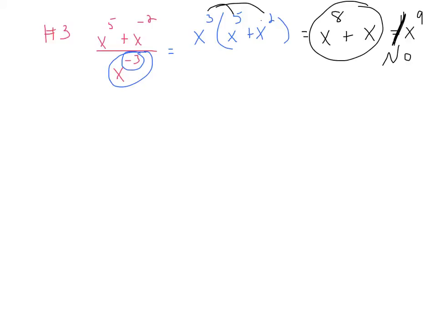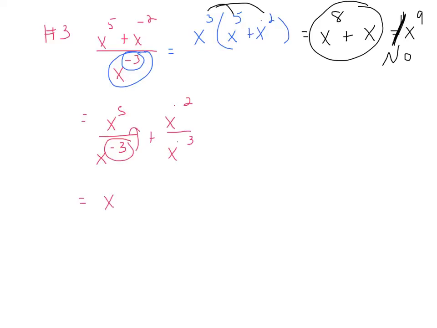Another way that kids like to do this one is to split it apart. In other words, they rewrite it as two different fractions. Okay? So now what could you do? Well, you could say, all right, he's not happy, so I move him up.